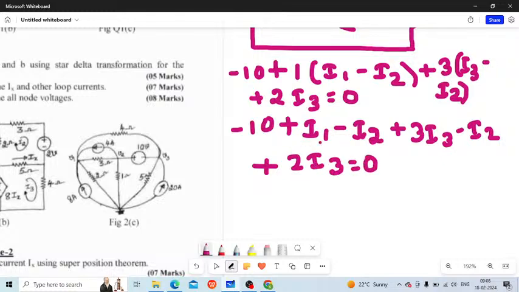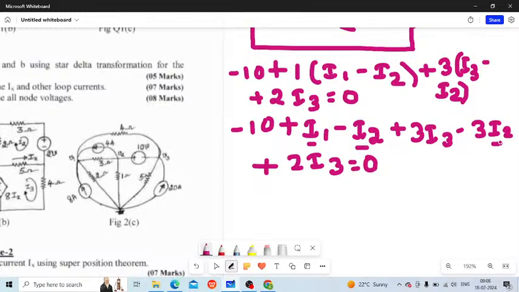So now, what is I1? I1 is single, no other I1 is present, and minus I2. Here also it is minus 3I2, students. I'm sorry for the distraction. Please wait. Minus I2 minus 3I2 gives minus 4I2.